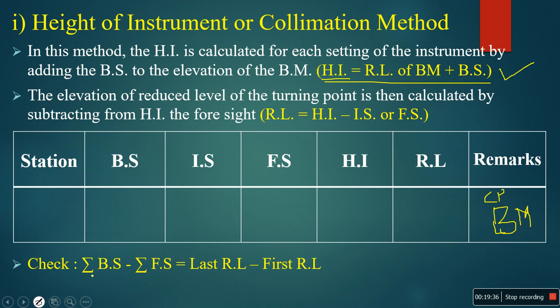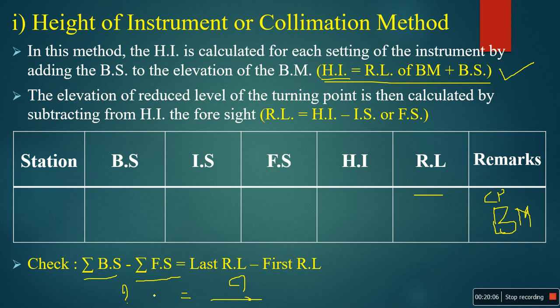We just have to add all the values in the BS column. Similarly, we add the values in the FS column. The difference of these two gives one value. Similarly, in the RL column, the last RL minus the first RL gives another value.